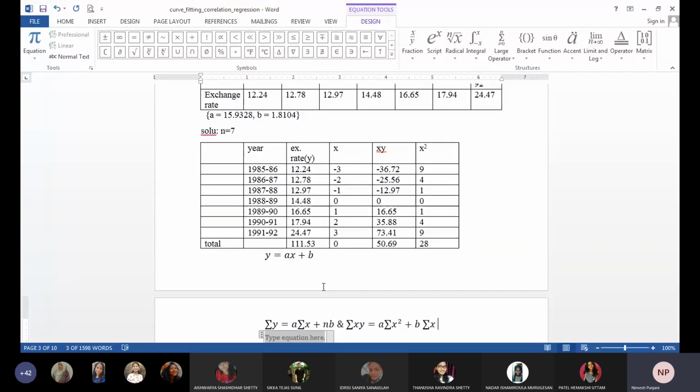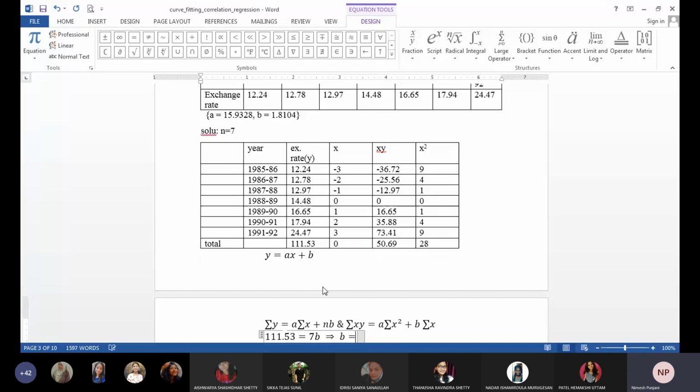If you take your x in this way, the way in which we have taken, your summation x will be 0. So the first equation will be summation y equals 7 into b. Okay, your summation x became 0. So we get directly the value of b.